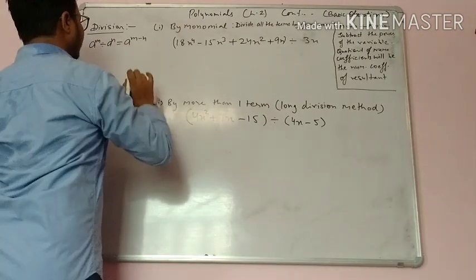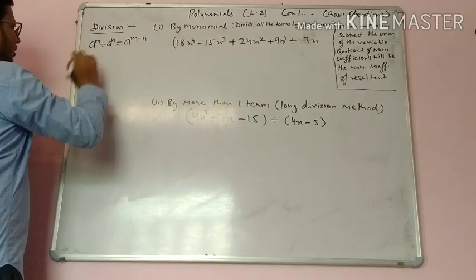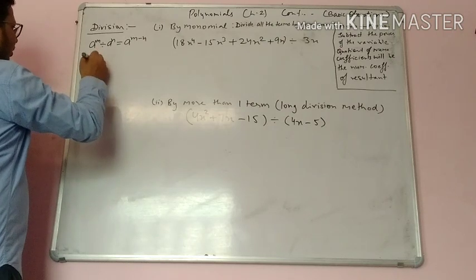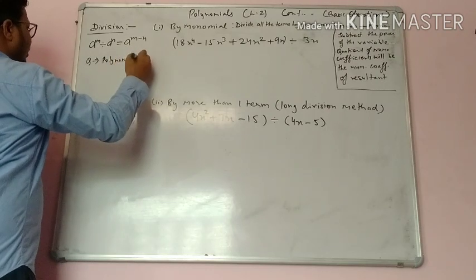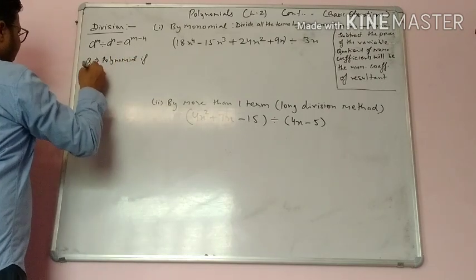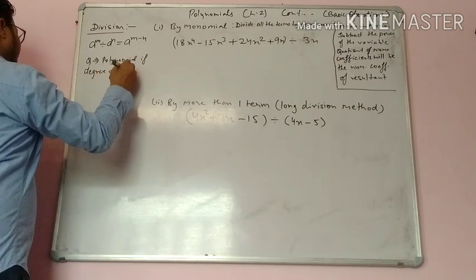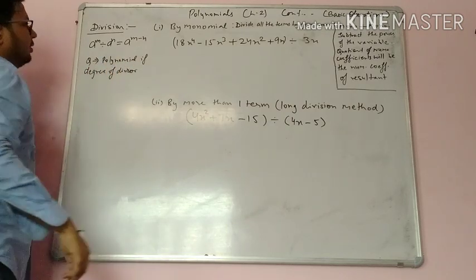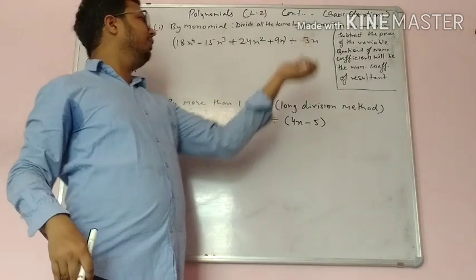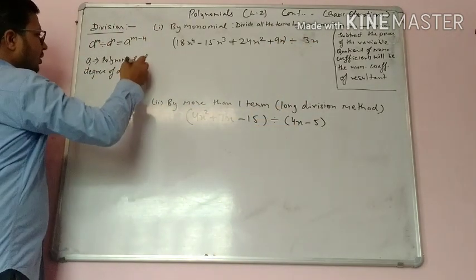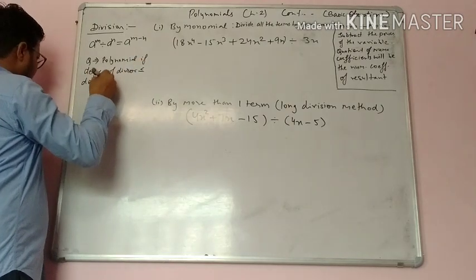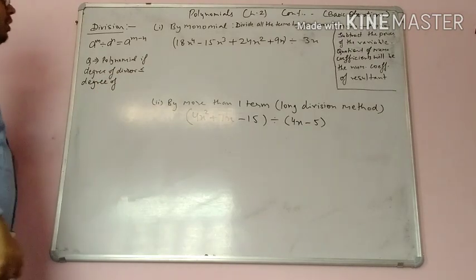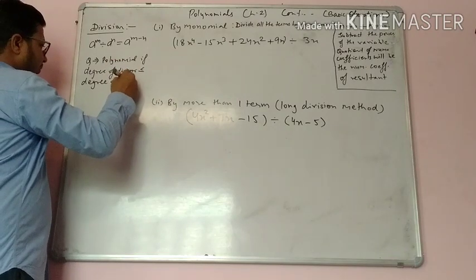The quotient will be a polynomial if the degree of the divisor is less than or equal to the degree of the dividend.